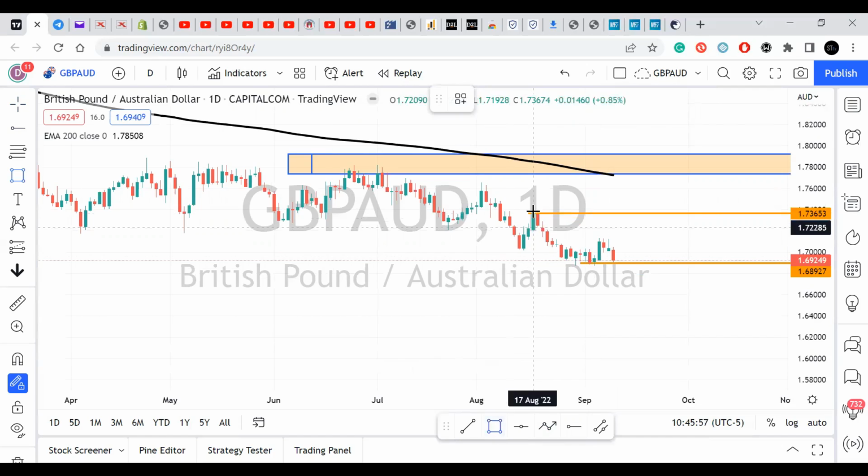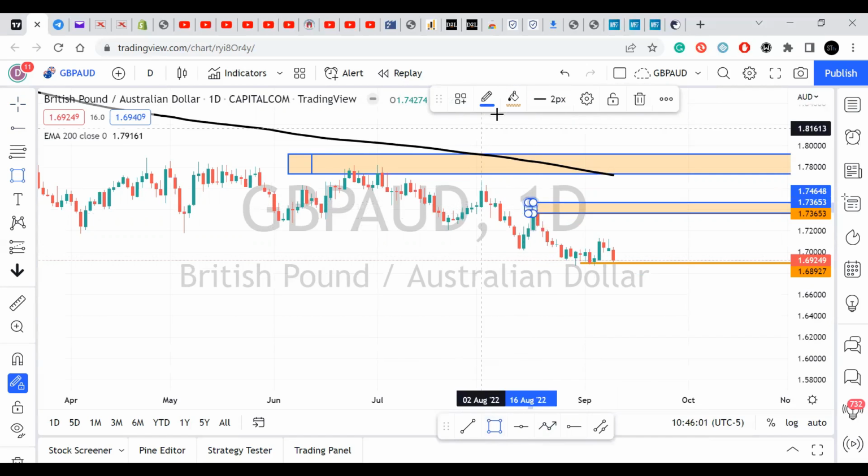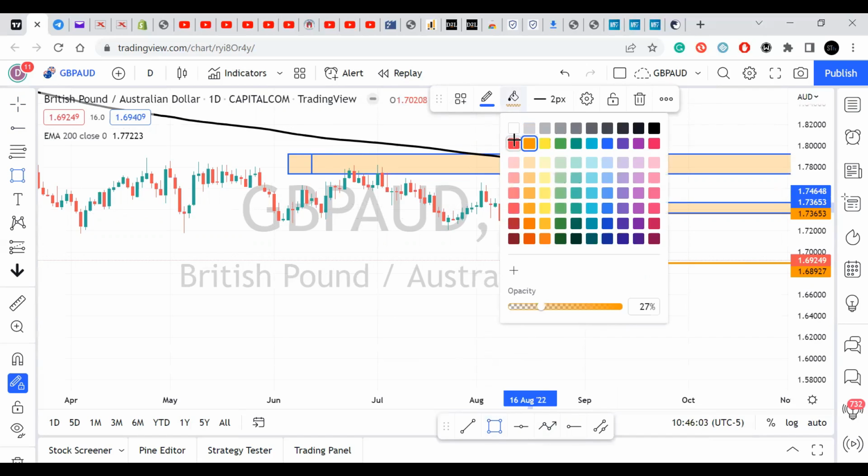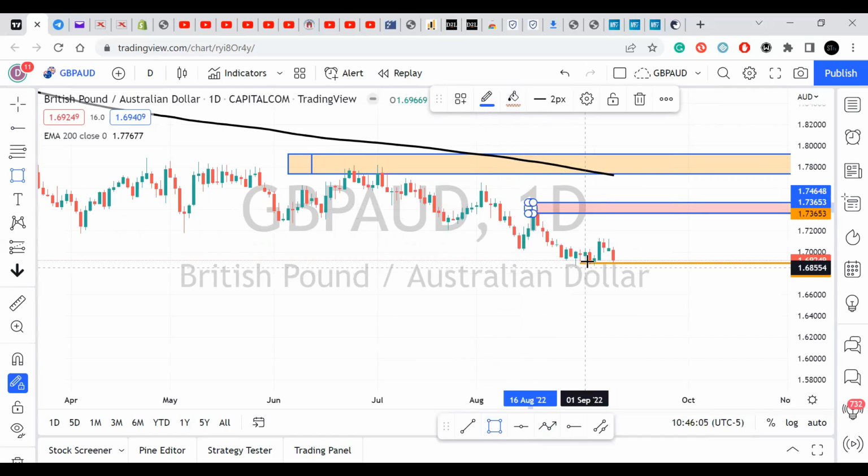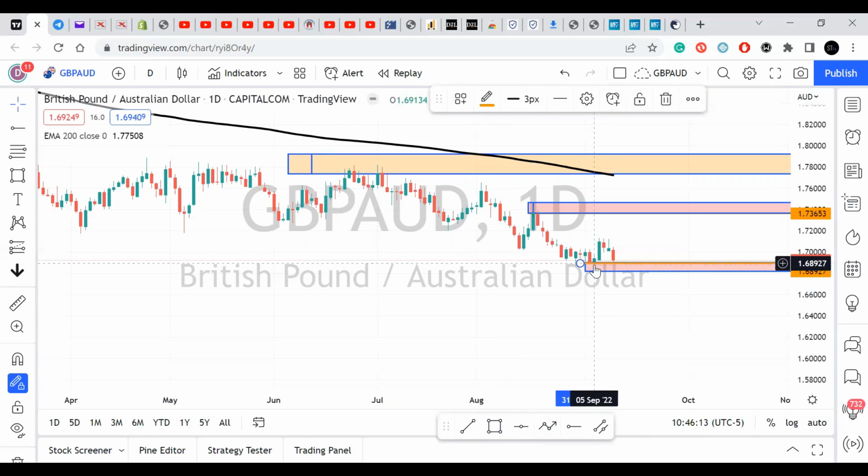So this becomes our daily high, and around here, so our daily low. So I'll move to the next. So from here, I will go to the next lower time frame, which is the H4.